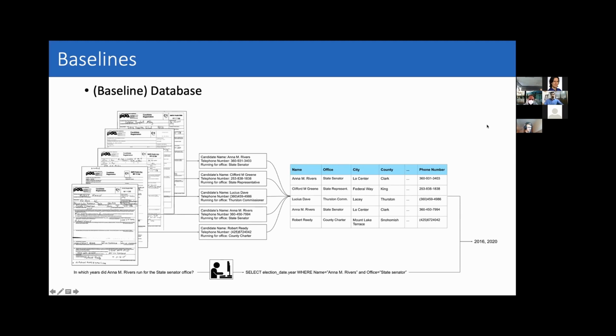The other one is very characteristic. We call it database because we try to simulate how a database works. In this case, we also extract the OCR in the documents, but this time we also extract the relation between the keys and the values. So we have the data in this format, like which is the candidate name, the telephone number, and so on.